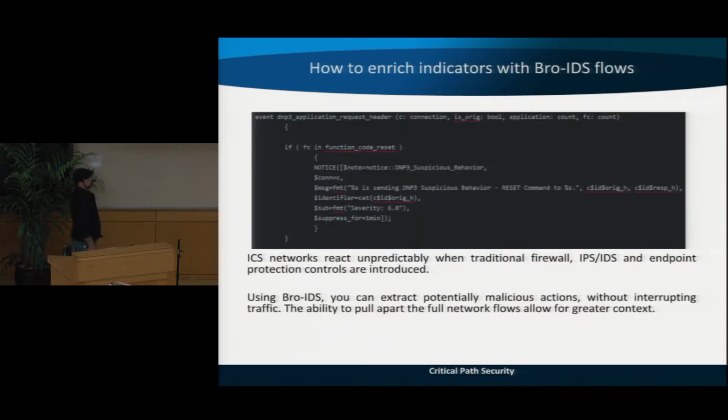So here's where I started solving this problem with Bro that you can't really get out of other IDS solutions. DNP3, you're going to be concerned with reset commands that they're coming from places that shouldn't be sending reset commands.